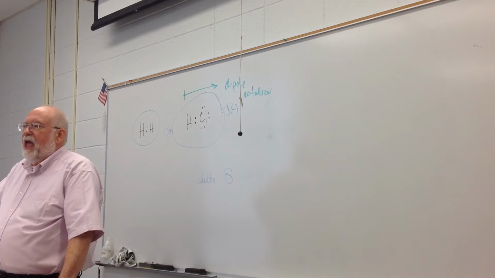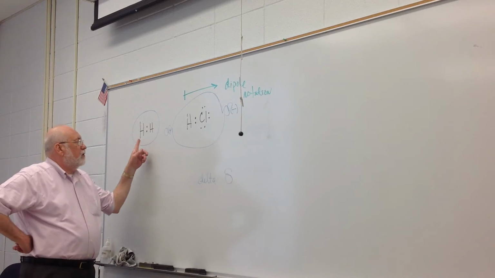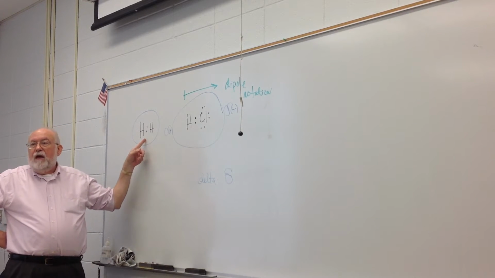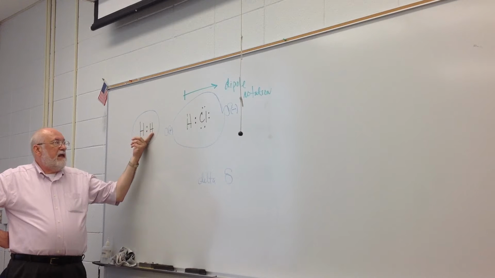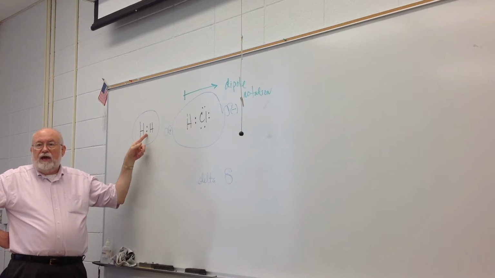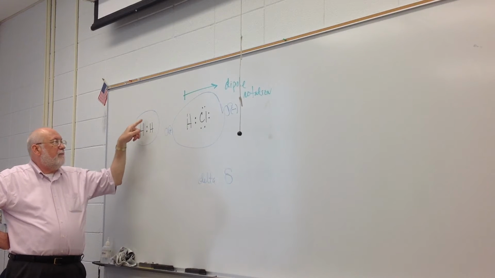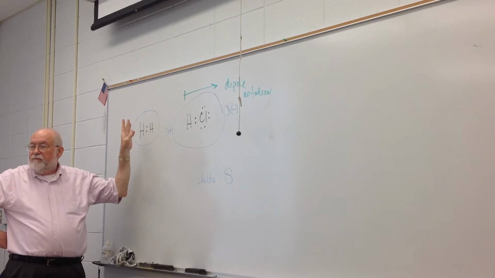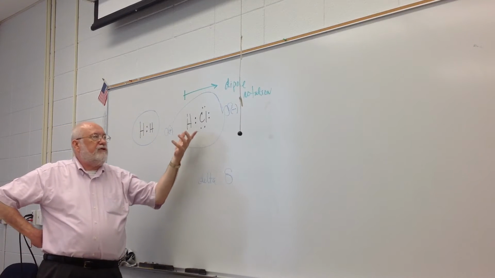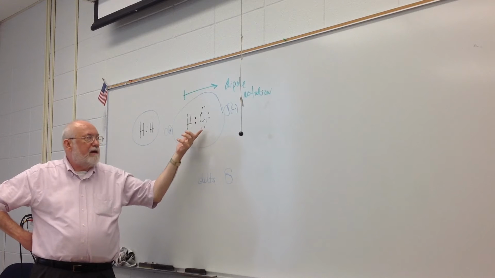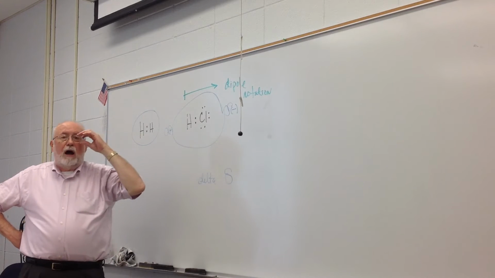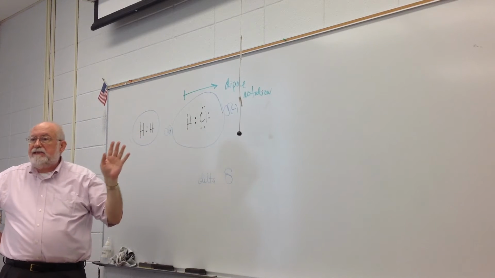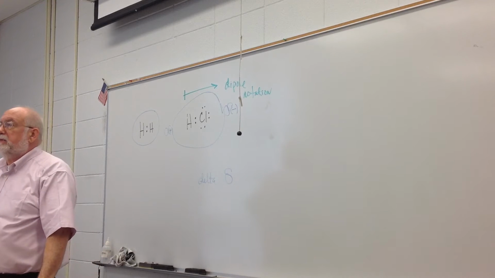All right, so there we have a non-polar bond, two atoms of the same element. They both have the same electronegativity. Equal affinities for the shared pair of electrons. They spend really as much time with the one atom as they do with the other. But here we have two different elements, atoms of two different elements. One, the chlorine in this case, has the higher electronegativity.